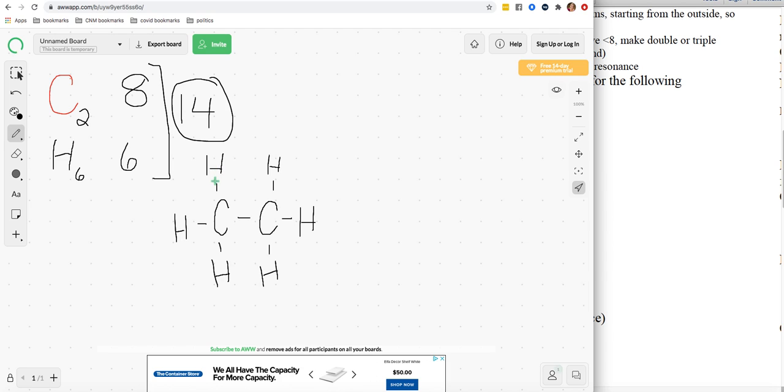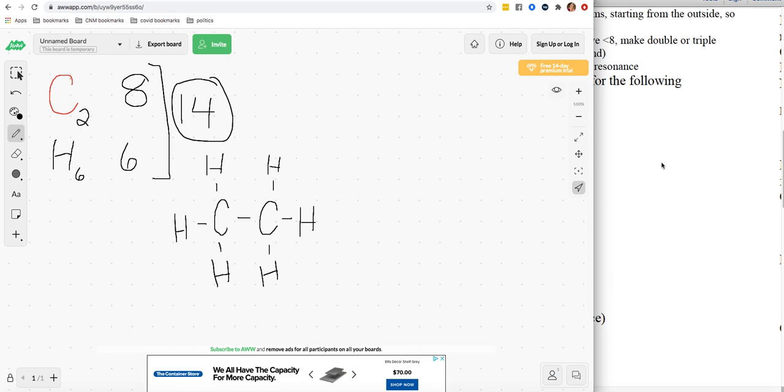Hydrogen doesn't get any lone pairs of electrons, it just gets a single bond, so it's good. All the hydrogens are the same with just a single bond, so they're all happy. And the carbons each have 2, 4, 6, 8. So the carbons are good because they have their octet. So this one is done.